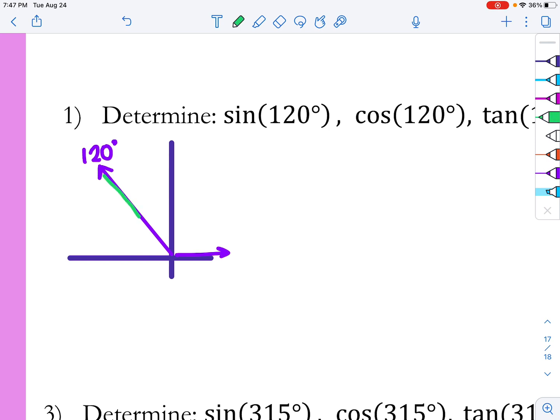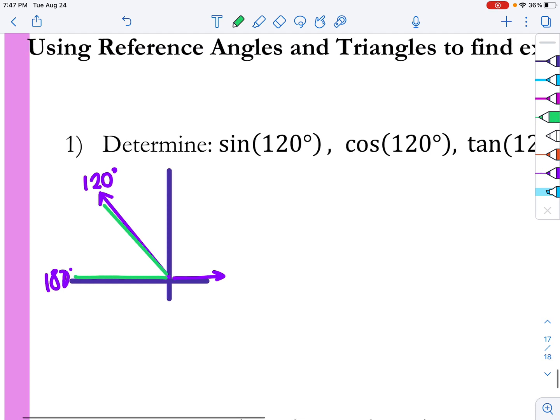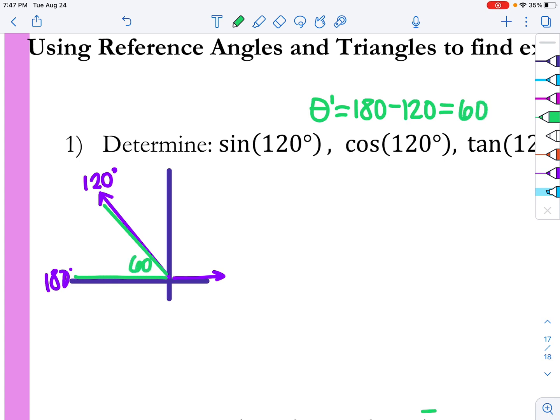But we can calculate the reference angle, theta prime: 180 minus 120 is 60 degrees. So this angle in here is 60 degrees.